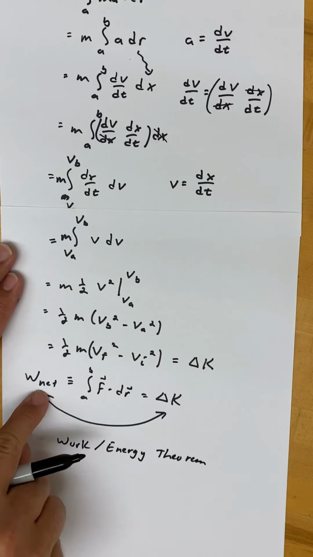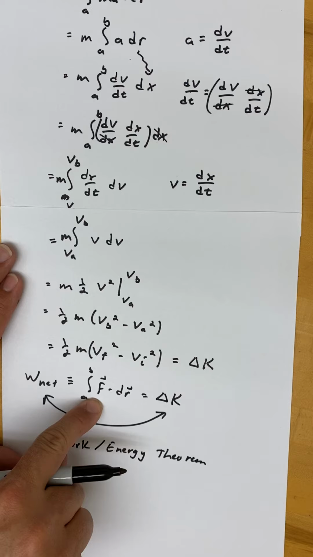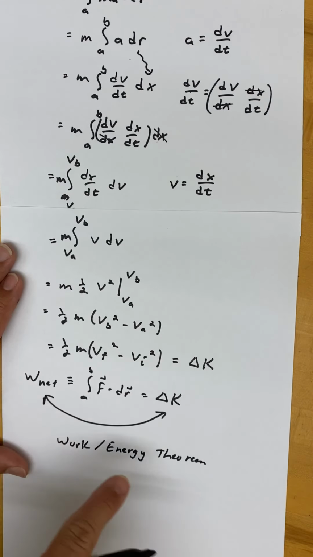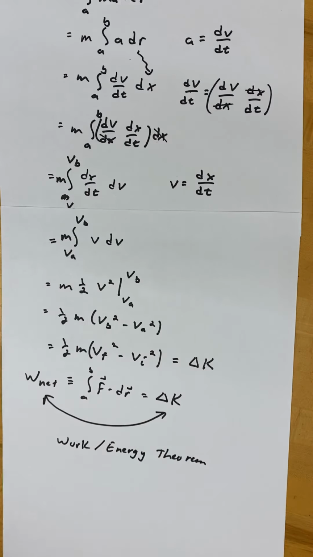Like I said, we normally don't write the net work, just like we normally don't write sigma here, although that's what we mean. If I'm looking for the net work done on an object, I can look at the change in kinetic energy.